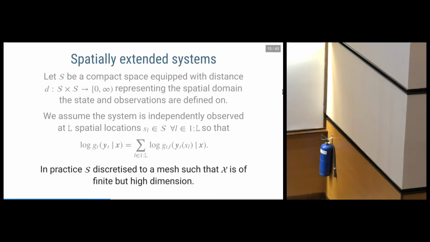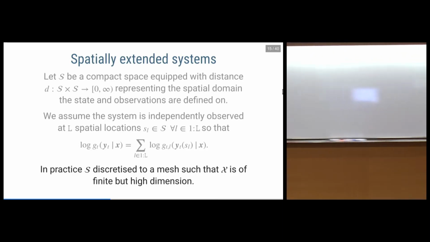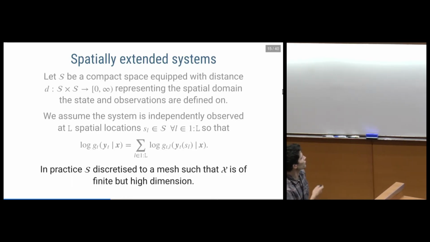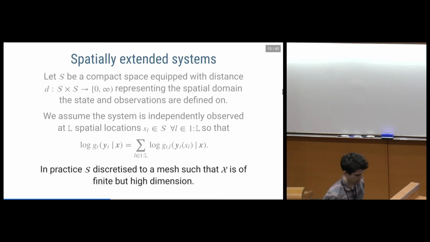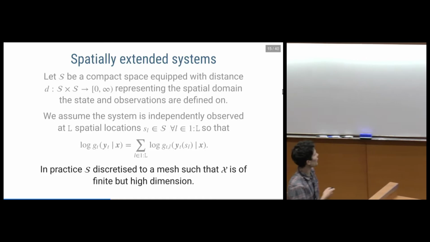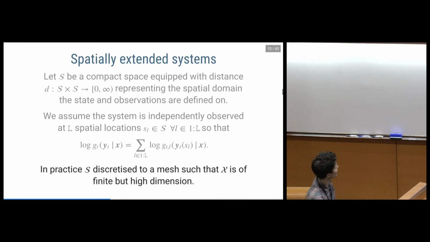Although the underlying spatial domain will probably be some continuous object, in practice we will typically discretize it to some mesh or grid. So our effective dimensionality of X will be a multiple of the number of components in that mesh. This will typically be high dimensional but finite, rather than strictly considering the infinite dimensional case where our state space is a function space.